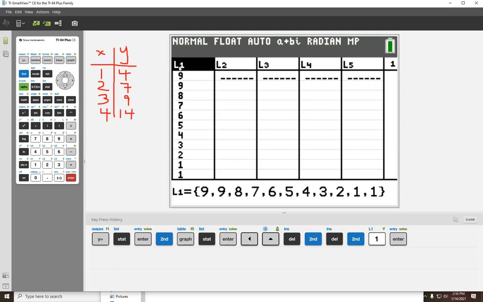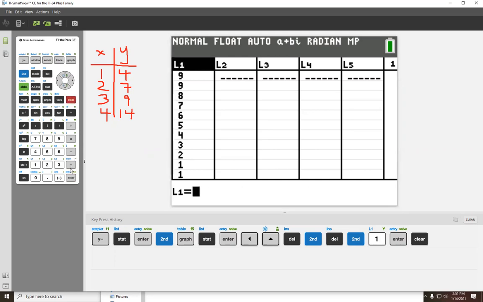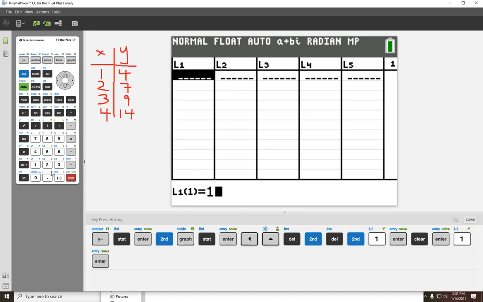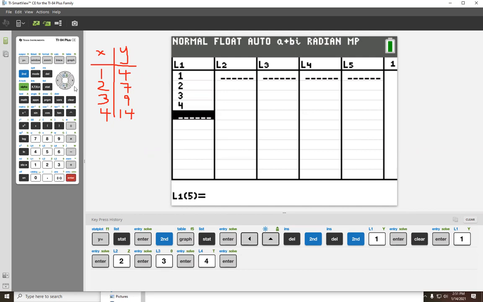So instead, with the cursor on the name of the list, I'll hit clear, enter, and there's other ways to do it, but my way works fine. And then I'll put the data into the calculator, the x values in L1 and the y values in L2.